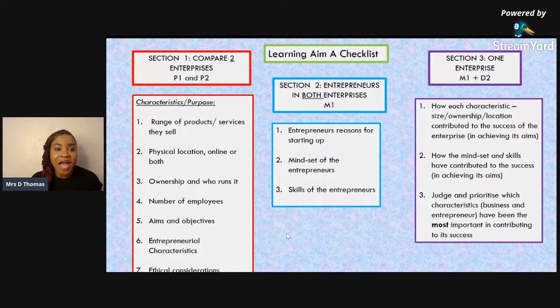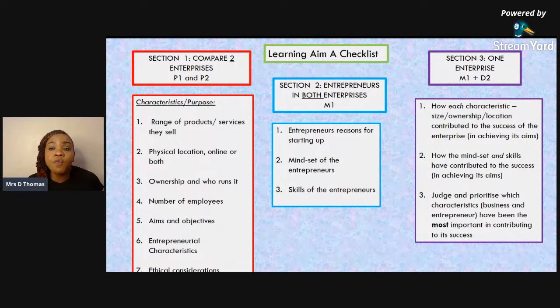That's the P1 and P2. Section 2, in both enterprises, but we haven't gone through that yet. So this is just the different areas that we will be covering.